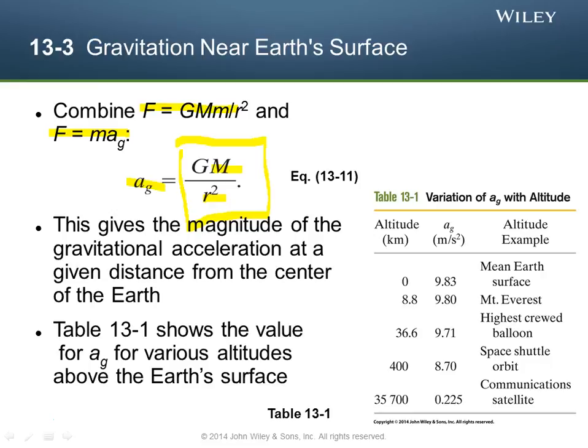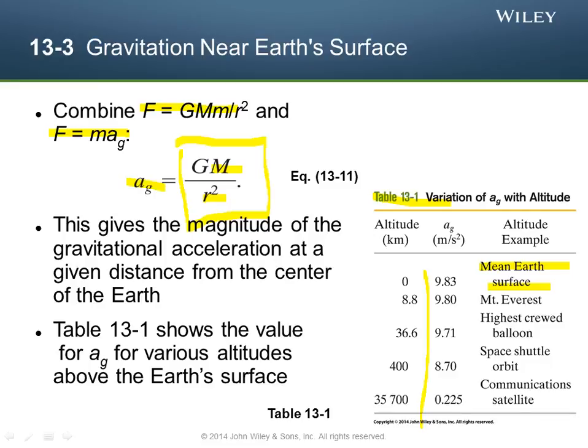Now, if you look at this table over here, table 13.1, we see that it varies a little bit based on where we are. This is the mean Earth surface: it's 9.83, but we typically use 9.8. If you're on Mount Everest, you're going to be a little lower because you're higher up, farther away from the Earth's center.